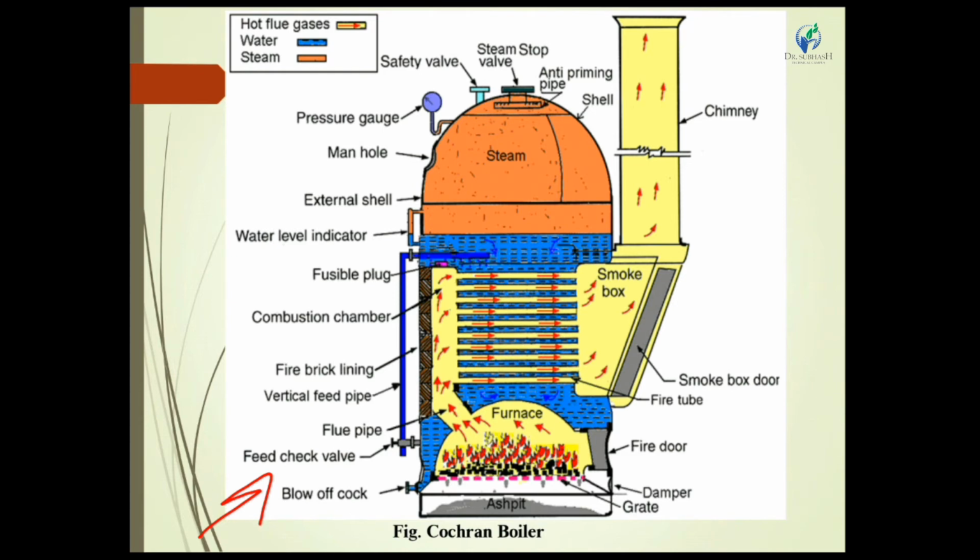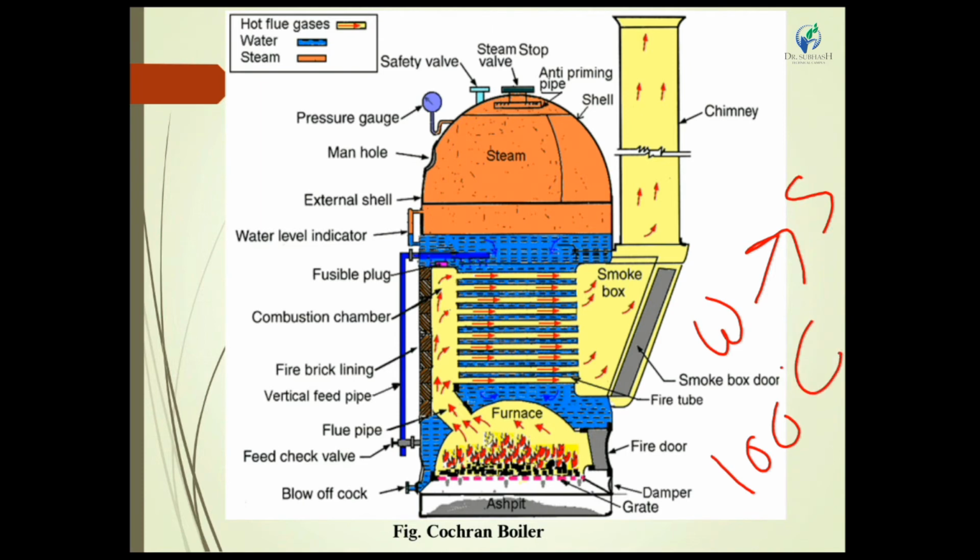The heat is gained from the fire tube, and the water reaches the saturation level at 100 centigrade temperature. After reaching 100 centigrade, the water is converted into steam at 100 centigrade temperature.